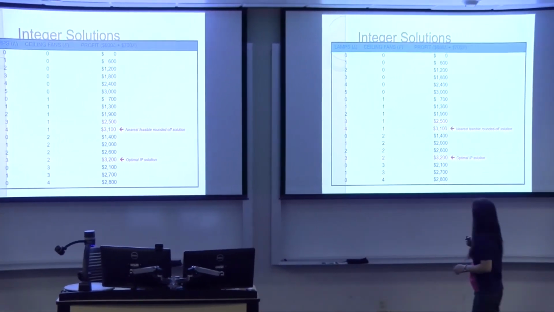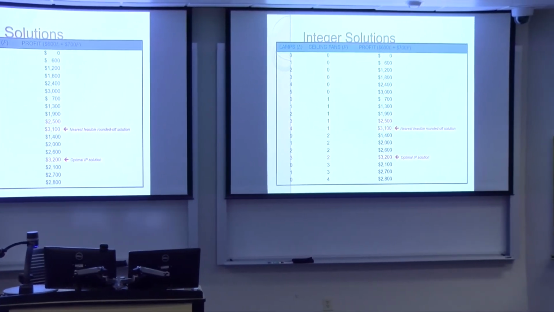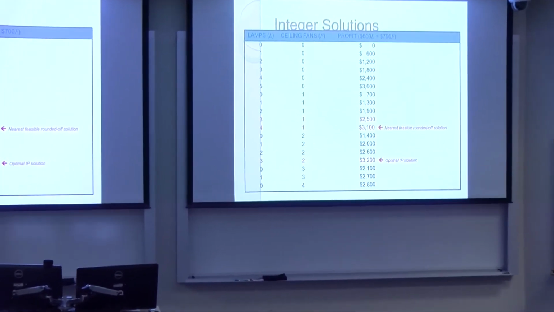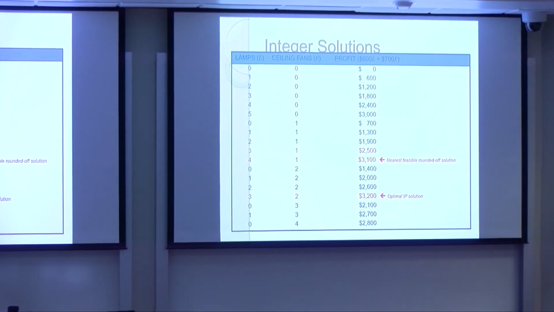Here, this 4, 1 is the nearest feasible rounded off solution, right? However, this is not optimal. So the optimal IP solution is 3 lamps, 2 fans. So basically here, I'm enumerating all of the candidate feasible integer solutions and calculating the profit.